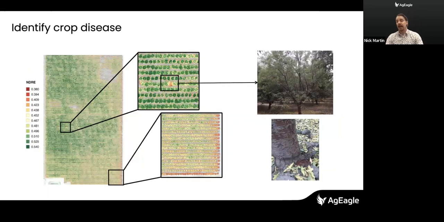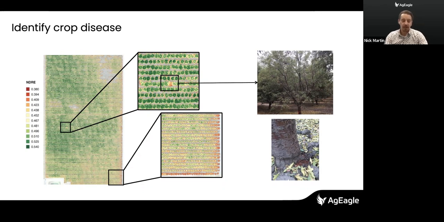Multispectral analysis helps lots of growers identify crop diseases as well. The vegetative index NDRE, which we talked about before, is used in this example to identify a tree that's potentially affected by stress or disease. Some other kinds of maps won't reveal this information, whereas an NDRE map is more likely to reveal it.